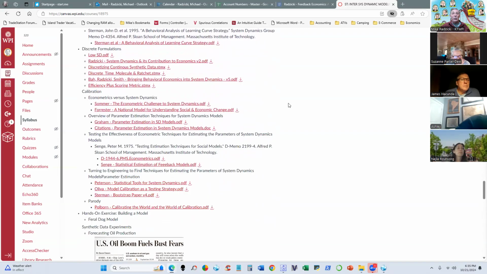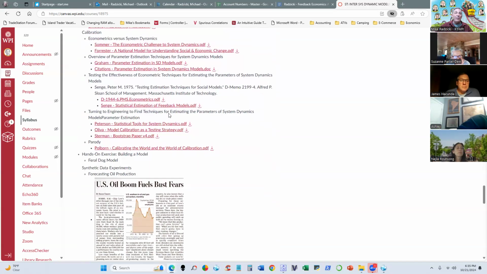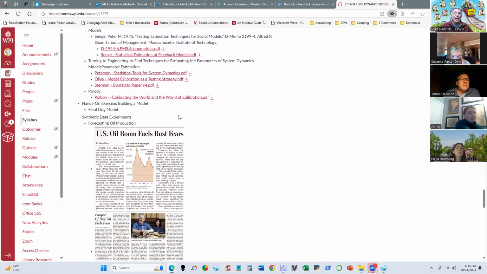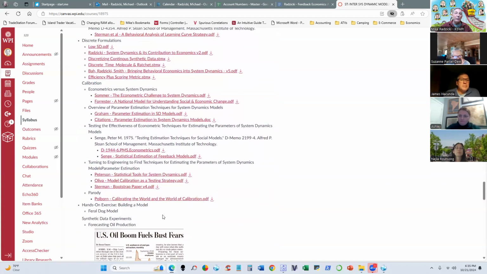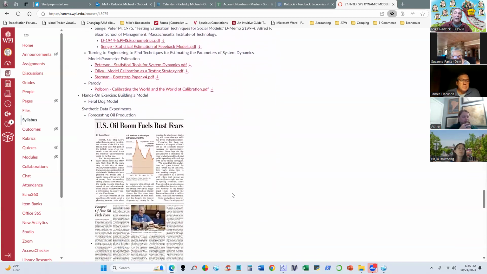And then that takes us to, in terms of other things we're going to worry about, discrete formulations. And there's a whole lot going on here. Calibration. And in fact, calibration might be best put after the hands-on model building. I might move this to after the hands-on model building exercise.